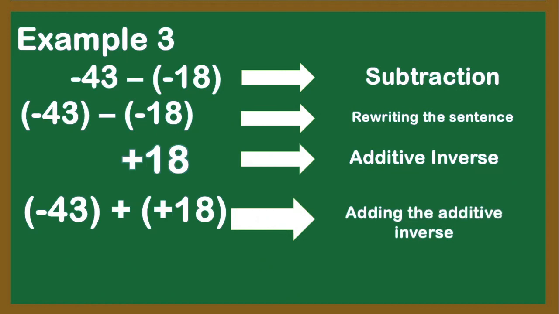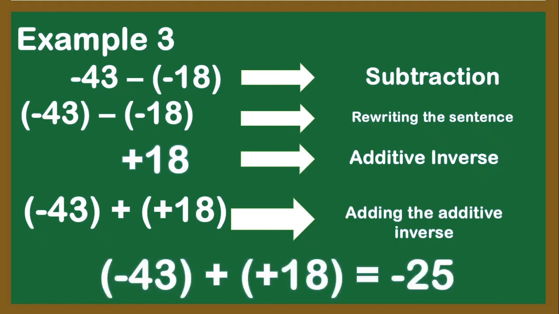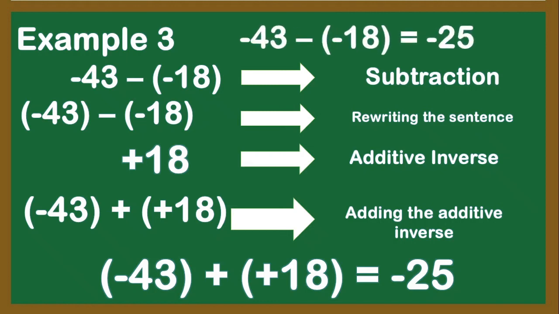Applying the rules of addition of integers, negative 43 plus positive 18 equals negative 25. Therefore, negative 43 minus negative 18 equals negative 25.